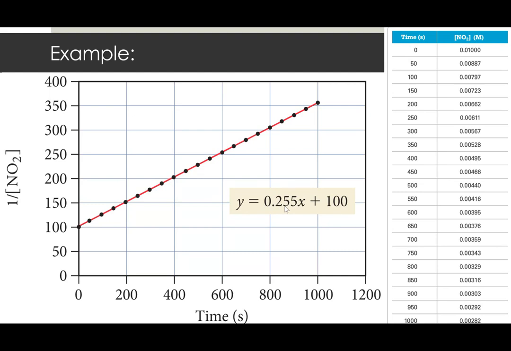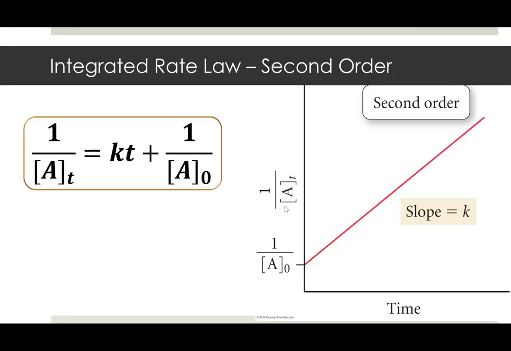So I could ask you a series of questions, just like I did for the first order reactions. Using this equation, I could say the initial concentration was this, K is this, 300 seconds went by. What is the final concentration of A?